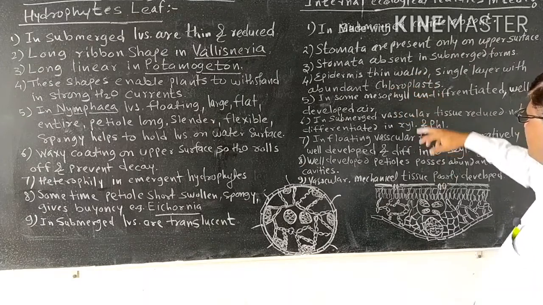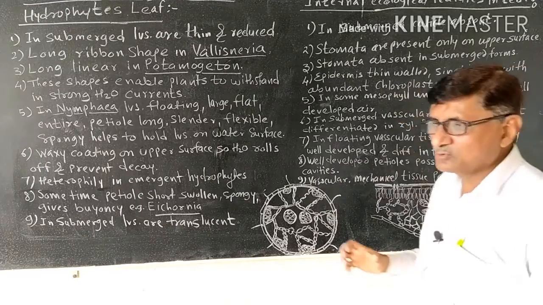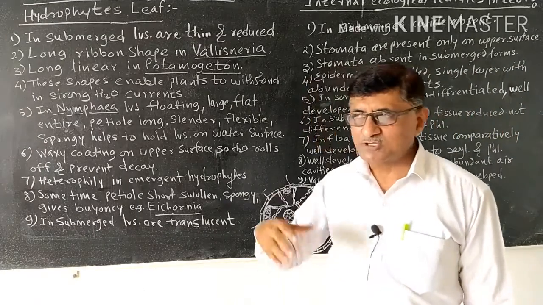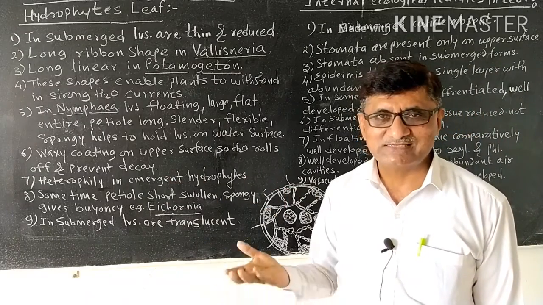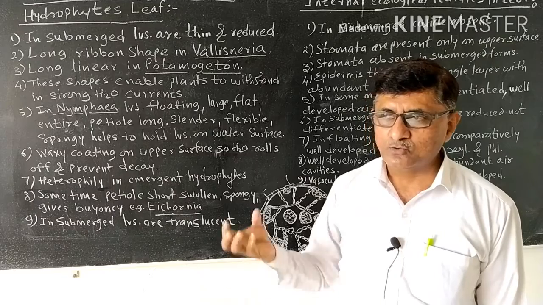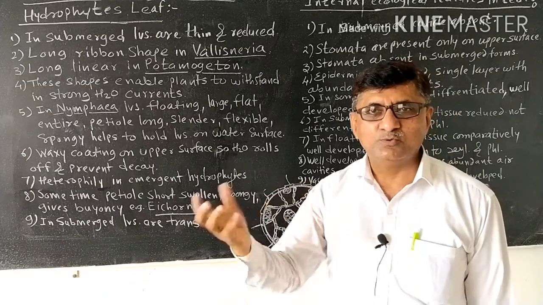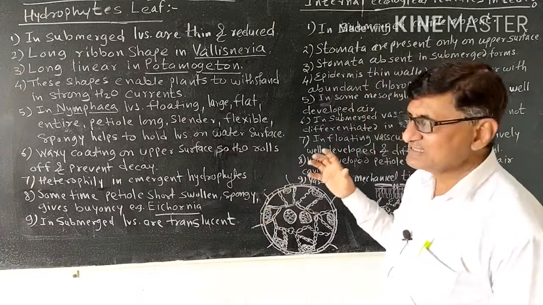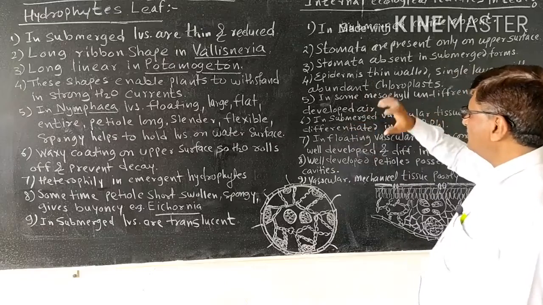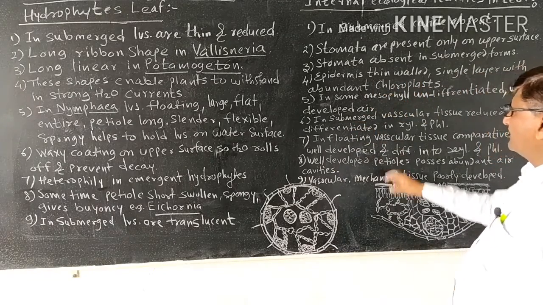The epidermis in the leaves is a thin-walled single layer with abundant chloroplasts, because the epidermis is the layer directly exposed to sunlight. That's why chloroplasts are present more in the epidermal cells, and photosynthesis can be carried out efficiently. So that is also one of the advantages of the presence of chloroplasts in the epidermal cells.